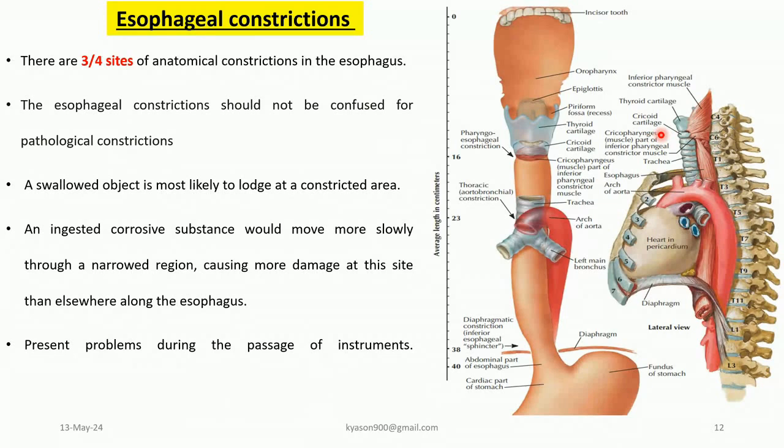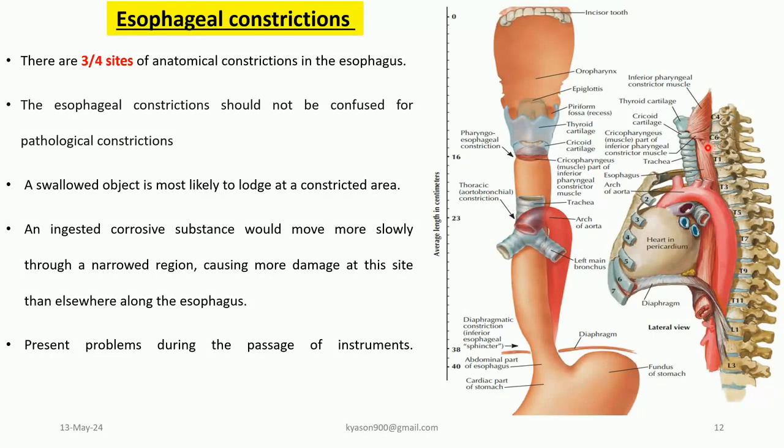It's part of the pharynx, and it's going to have circular muscle fibers. These are going to constrict the upper part of the esophagus, and they'll be responsible for that first constriction. So that first constriction, we can call it the pharyngoesophageal constriction. That is going to be as a result of the circular muscle fibers of the cricopharyngeus muscle.